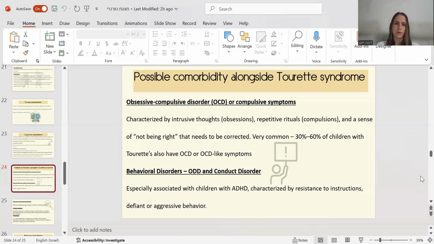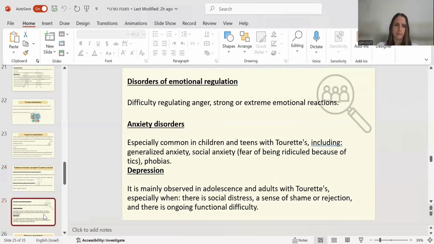Behavioral disorders, ODD and conduct disorder, especially associated with children with ADHD, characterized by resistance to instructions, defiant or aggressive behavior. Disorders of emotional regulation, difficulty regulating anger, strong or extreme emotional reactions.